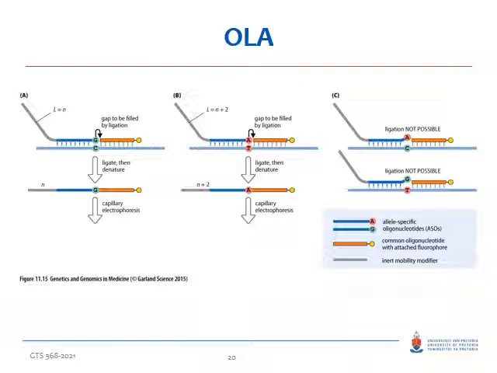If the allele-specific oligonucleotide and another oligonucleotide are simultaneously annealed to adjacent sequences on the DNA template, they can only be ligated if the nucleotides match perfectly, as you can see in this case. You can see ligation was not possible.